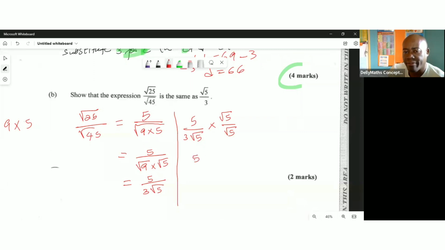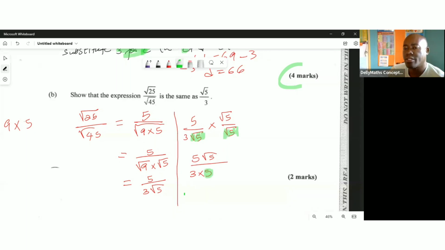On top, I'll have 5 root 5. Underneath, I'll definitely have 3 times 5. Because remember, when this root 5 is multiplied by root 5, I'll just get a 5, right?